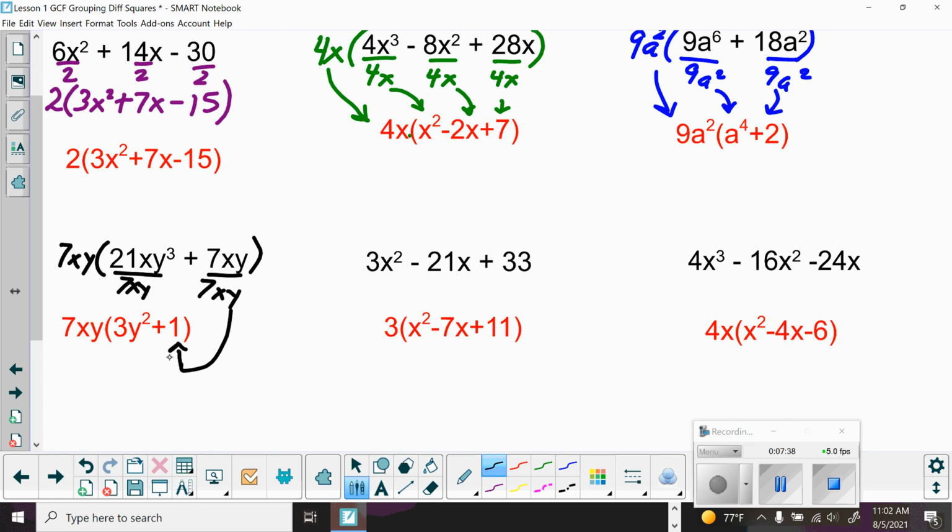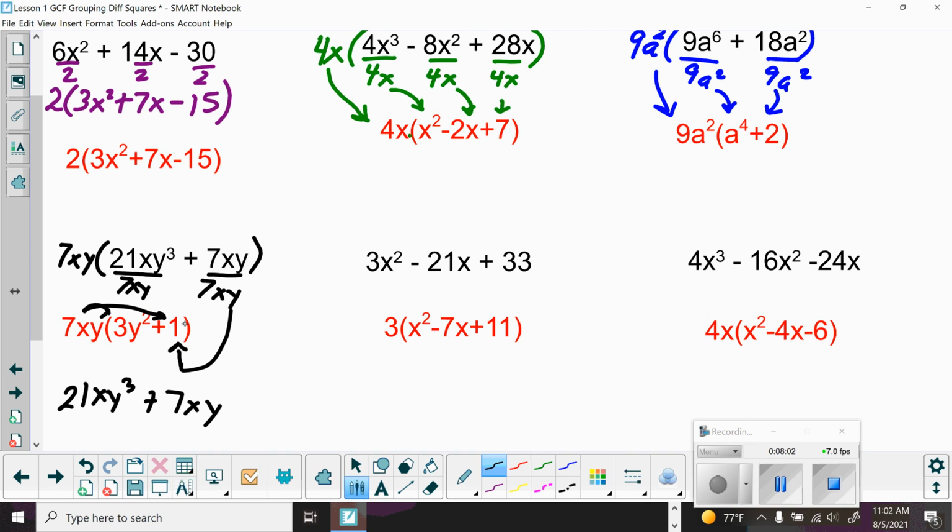You have to put a 1. Why? Because if I go to multiply back, 7xy times 3y squared is 21xy cubed. Okay, if I multiply this back to check it, I have to have this 1 here so that I can multiply the 7xy by it. It's a placeholder for it.